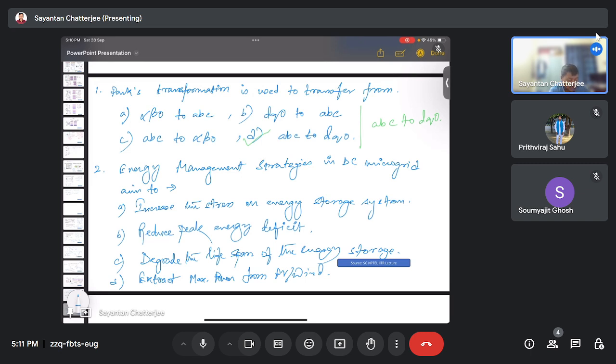Number two, reduce peak energy deficit. Number three, degrade the lifespan of the energy storage. Number four, extract maximum power from PV and wind.